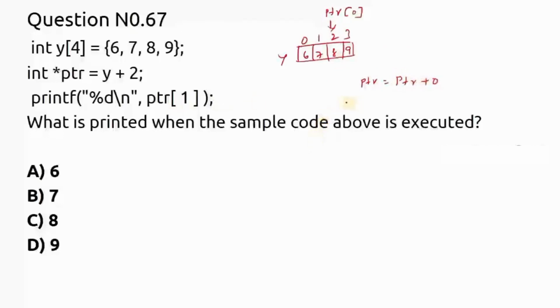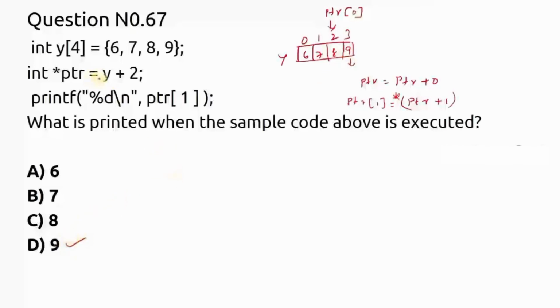Now ptr of 1 is equal to ptr plus 1. Now I require the value inside ptr of 1. So what is plus 1? This is the third location. In this location what is the value? 9. So the answer is D.